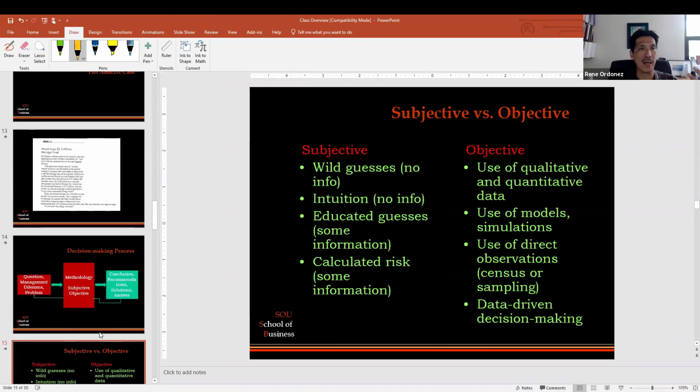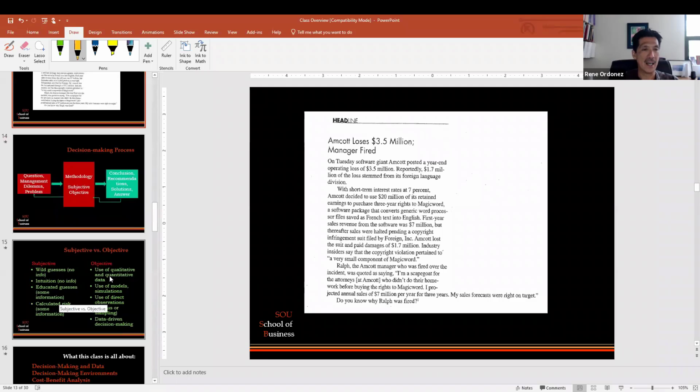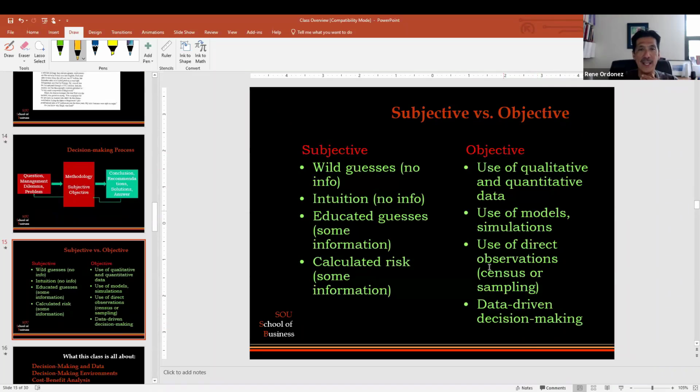An example might be the Almcut case. You are given information on the interest rate, the investment, and the sales projection, so you can evaluate the financial feasibility of the investment using some financial analysis, okay?